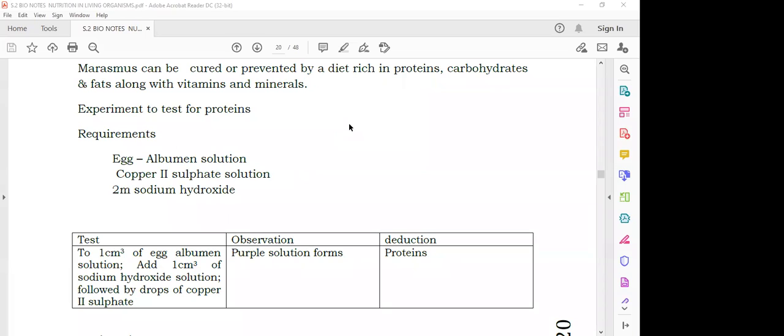However, milk has most of the food nutrients apart from iron. It does not contain iron. So that is the one main mineral lacking. That mineral called iron is not found in milk. That's the only one lacking.